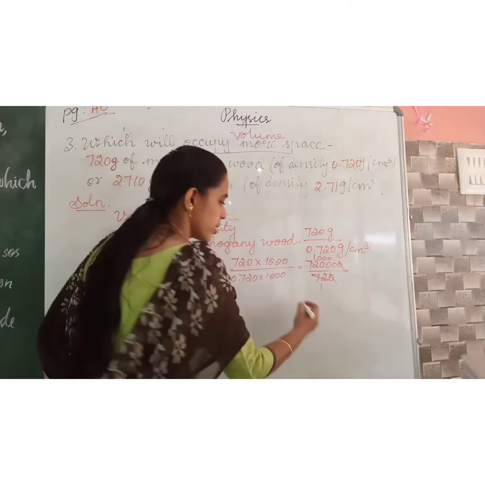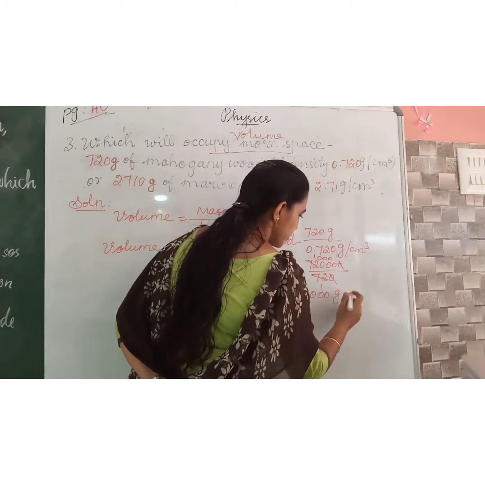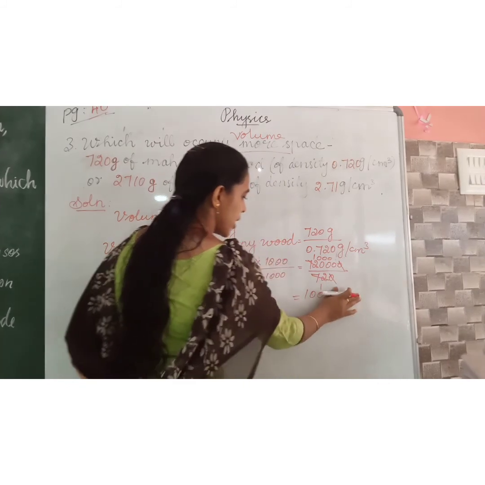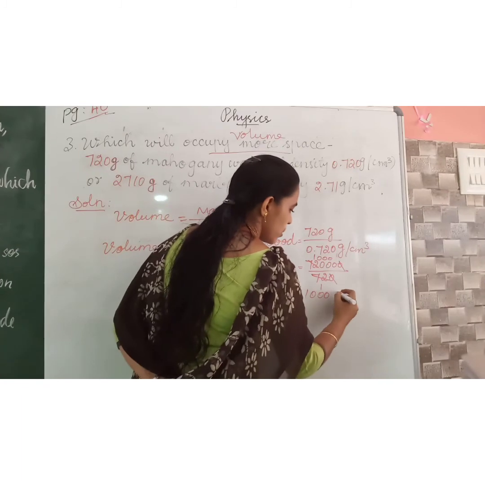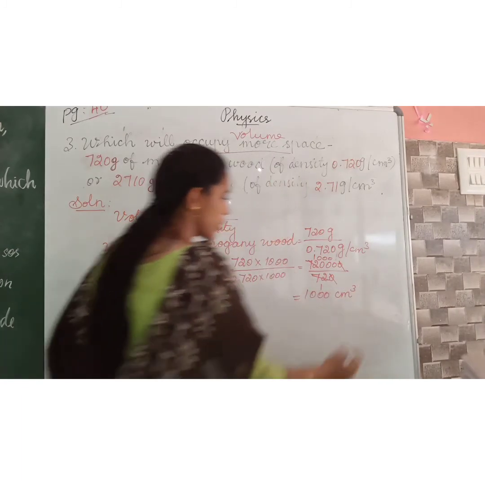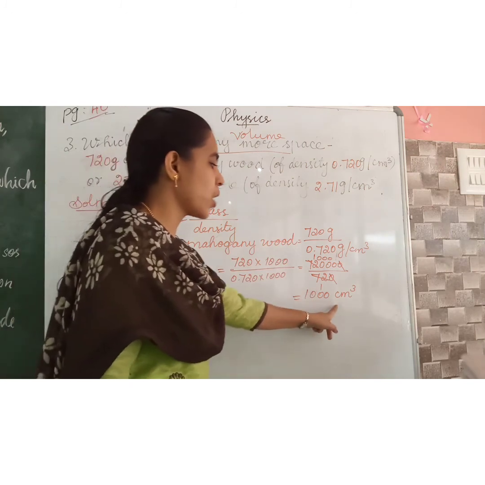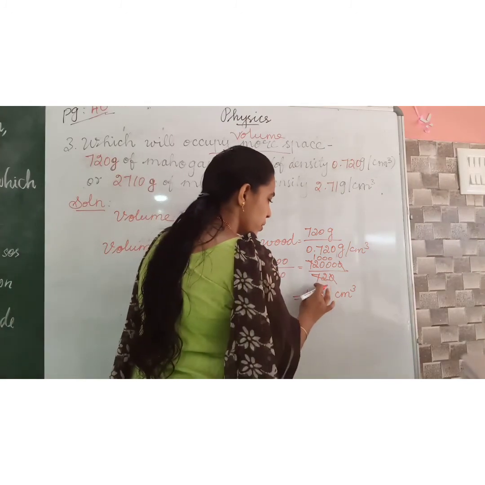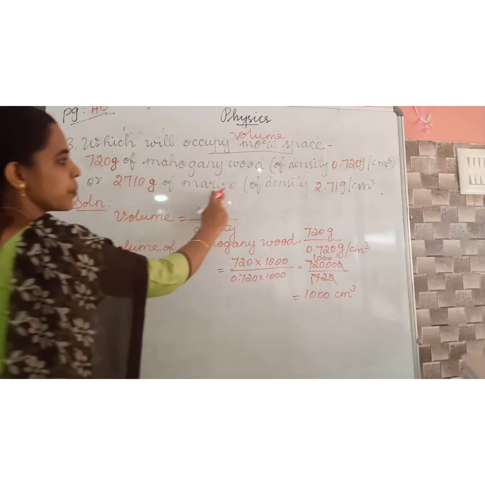Then what is the number here? 1000 gram. Gram also we will cut from here, here also gram, here also gram. So remaining only centimeter cube. Volume of mahogany wood is equal to 1000 centimeter cube.